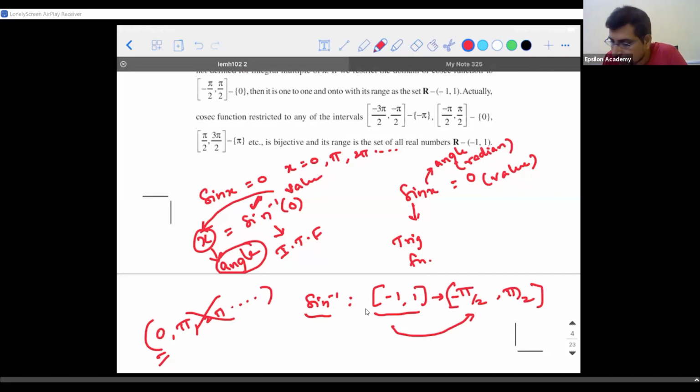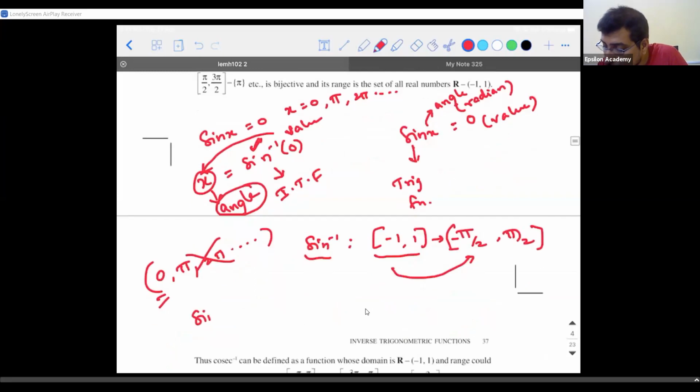Understood? Similarly, if I ask you what is sine inverse of half, what will your answer be? So the first validation you should do from your side is, is half there in the domain of sine inverse?